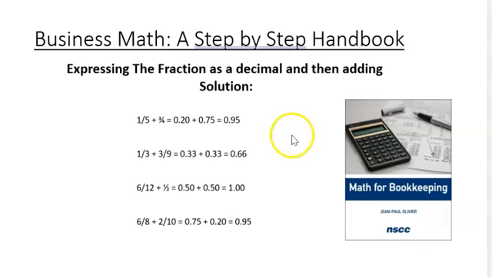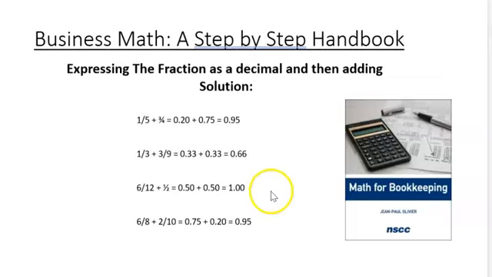Okay, so hopefully you stopped the video so you could go over them, and now we're going to take the 1/3 plus 3/9, which is 0.33 plus 0.33 to give us 0.66.